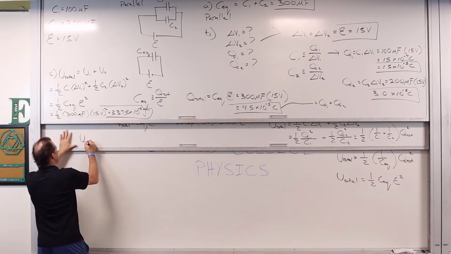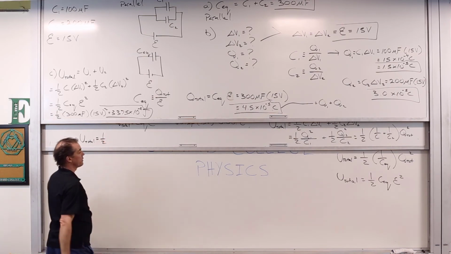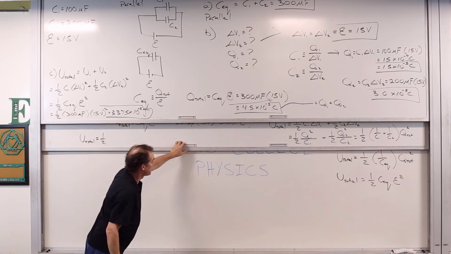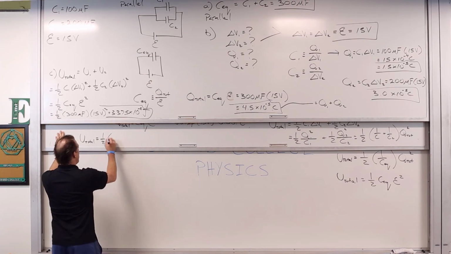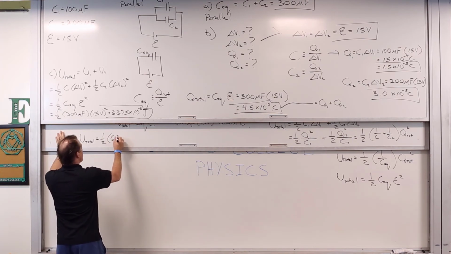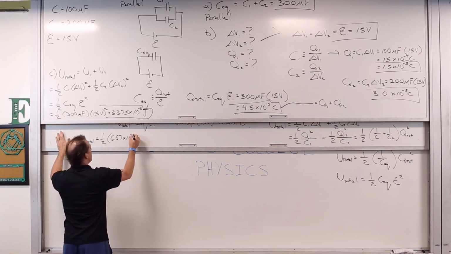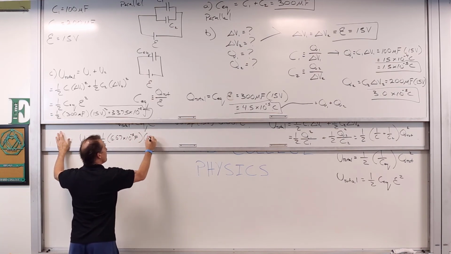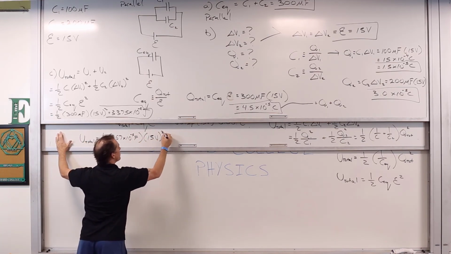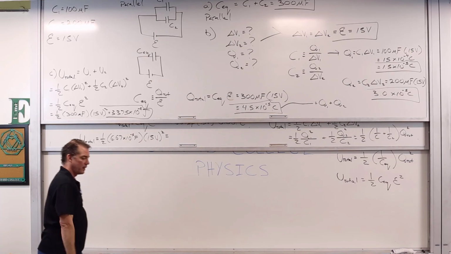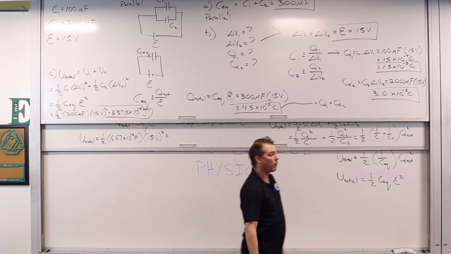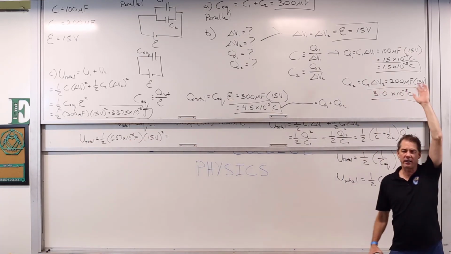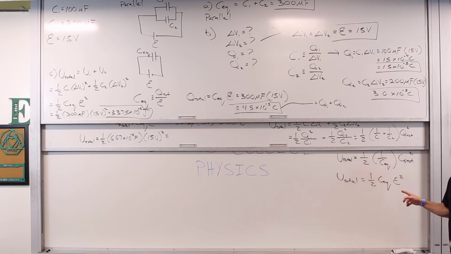Well, it's much easier to go ahead and say that U total is equal to 1/2 CEQ times the source potential squared, which is then 1/2 multiplied by 6.67 times 10 to the -5 farads multiplied by 15 volts quantity squared. Which one's going to store more energy? Which system? The parallel case or the series case?